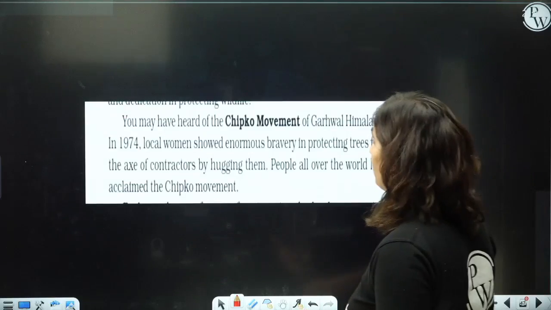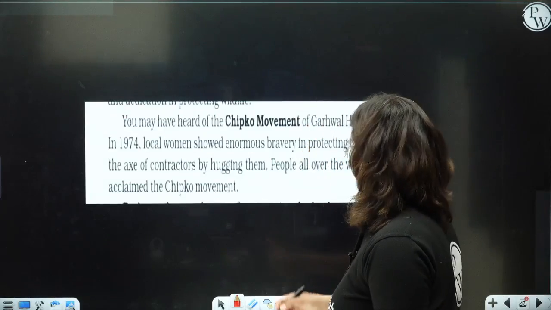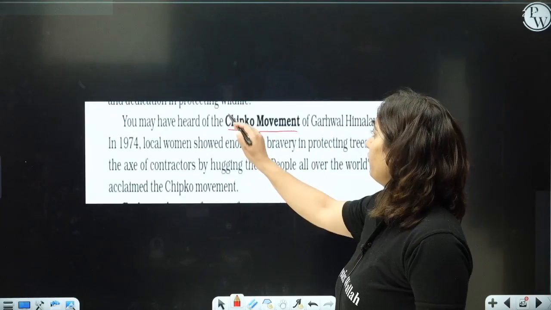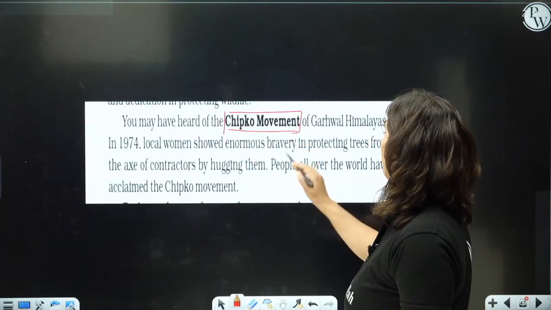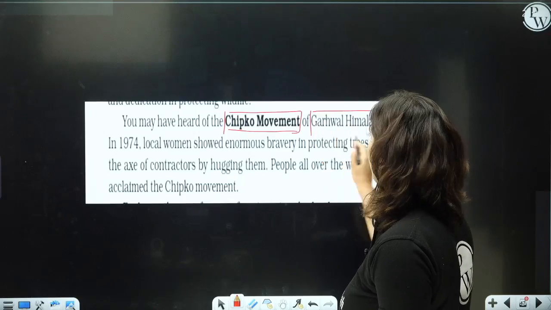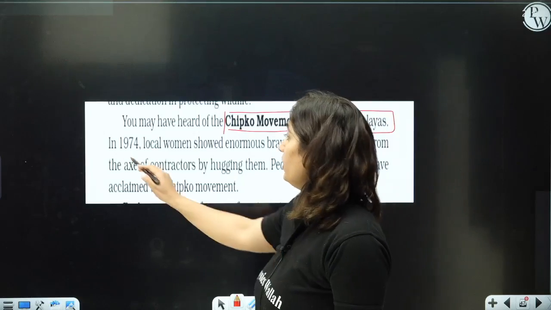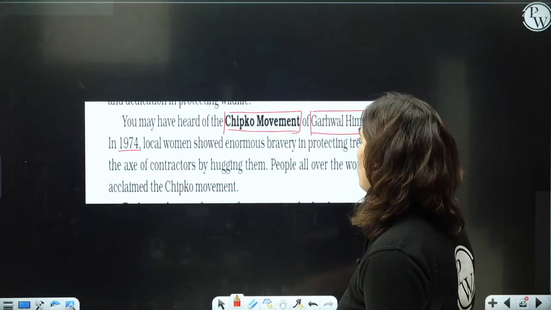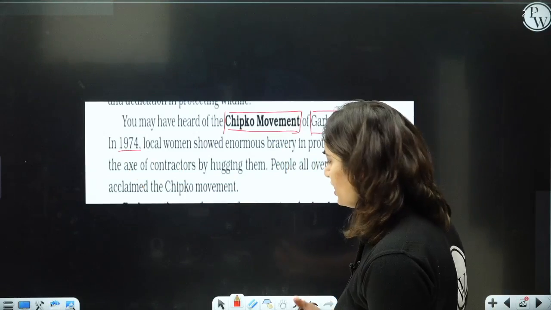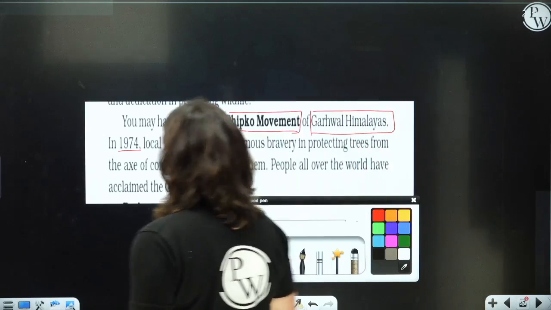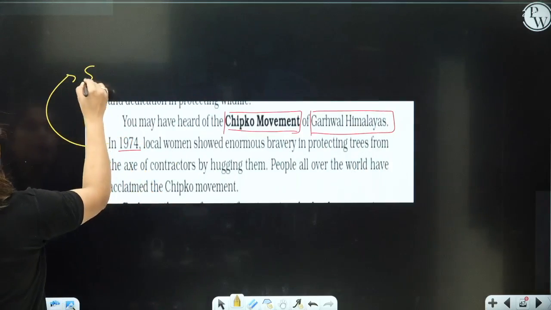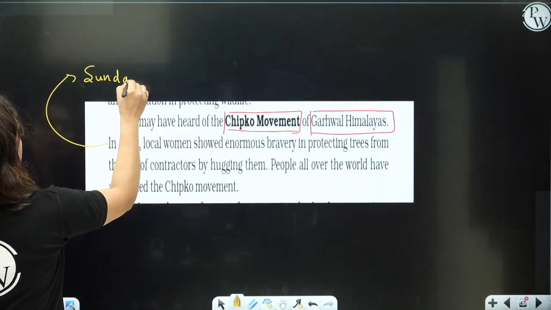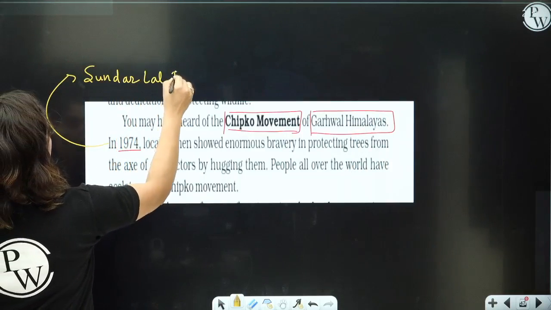And the second movement is the Chipko movement, very important. The Chipko movement was in the areas of Garhwal Himalayas, Uttarakhand, right? In 1974, this movement was initiated by Sundar Lal Bahuguna.